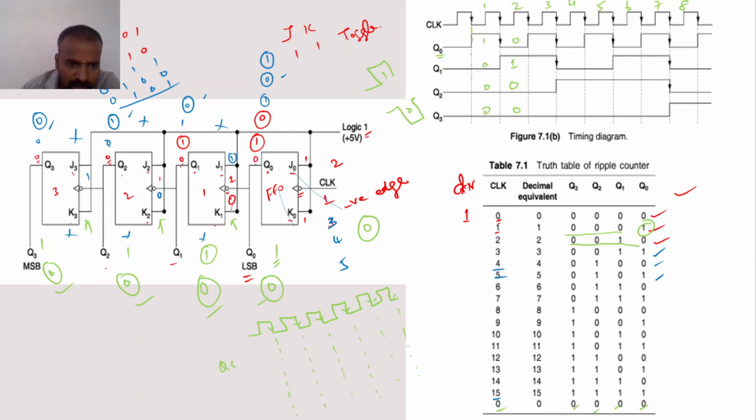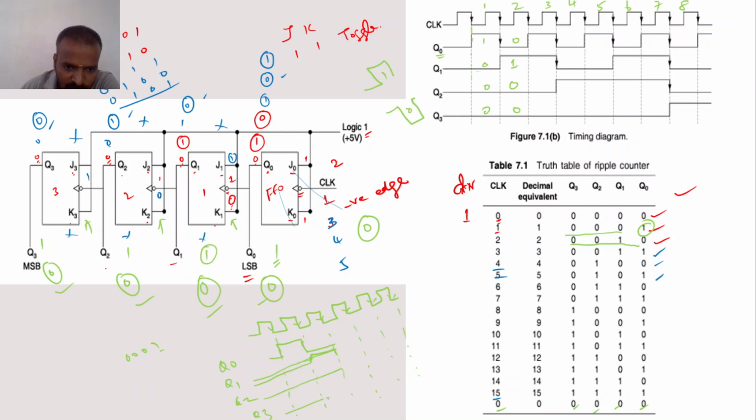Okay, then it is Q0, Q1, Q2, and Q3. So what is the first condition? It is 0, 0, 0, 1. That is, Q0 is 1. So for this condition, I'm going to draw. It is 1. Then Q1 is 0, Q2 is 0, and Q3 is 0. So in the second condition, this will be 0 and Q1 will be 1. So I'm going to draw the high level signal.